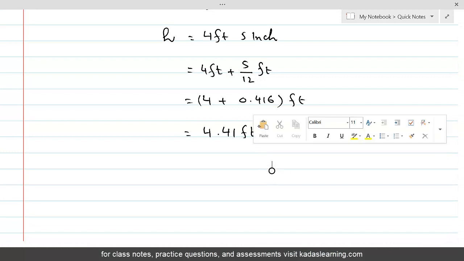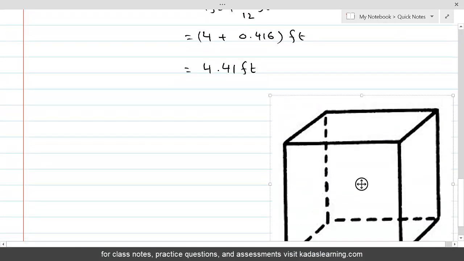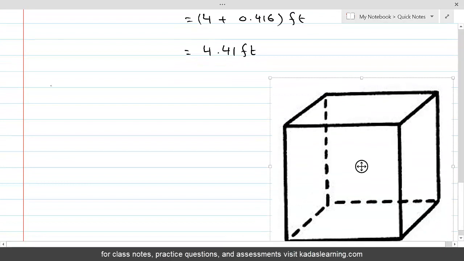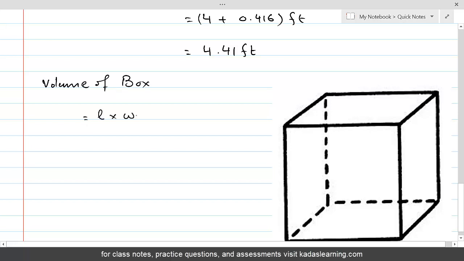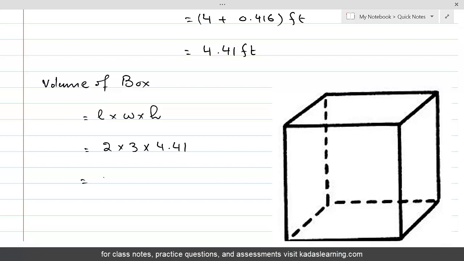And by the way, the box looks like this box here. Now the volume of the box would be equal to length times width times height, and this would be 2 times 3 times 4.41, and we didn't write feet every time because we can always write cubic feet at the end.